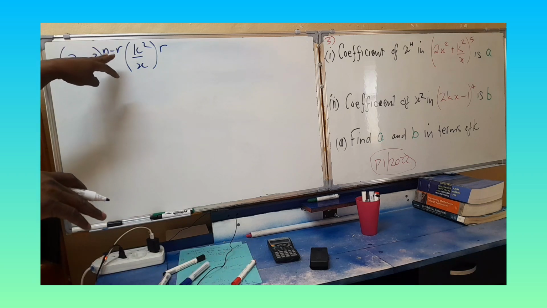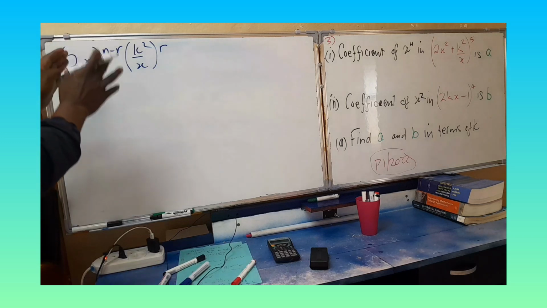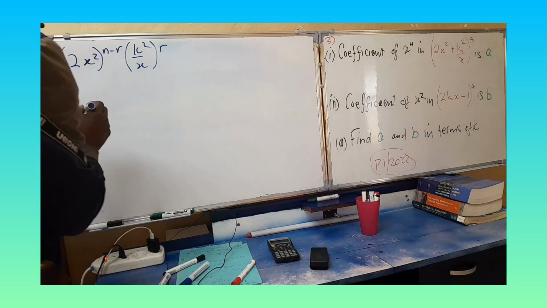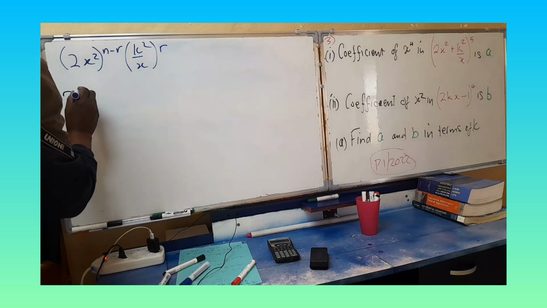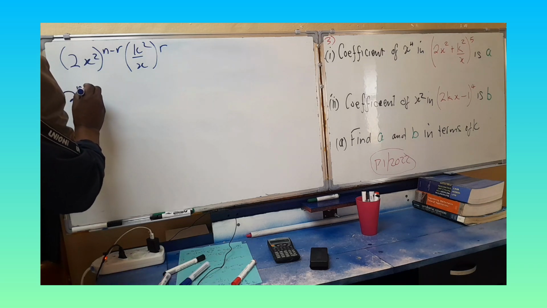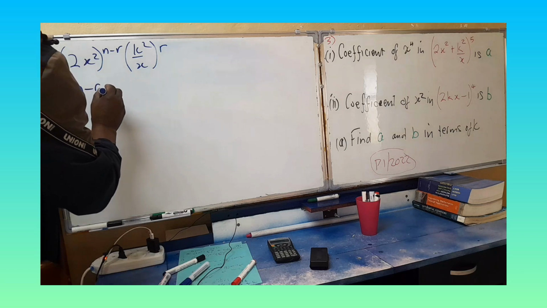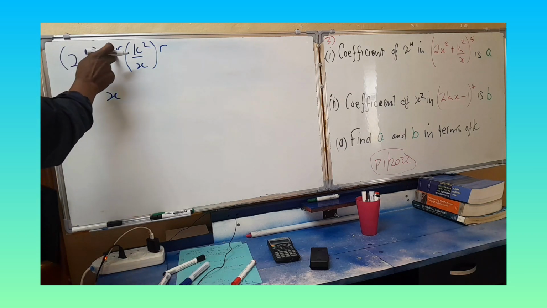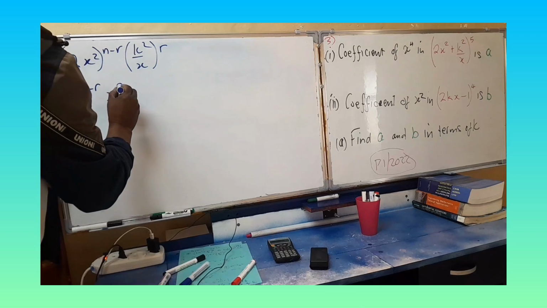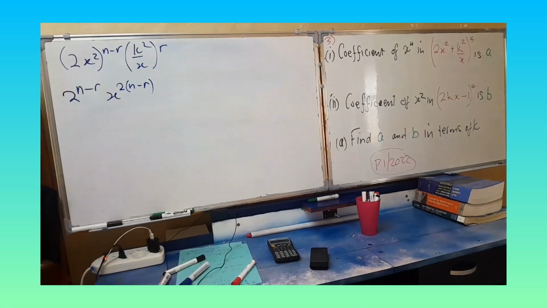And when we are done subtracting, it should be equal to 4. Let's simplify the top and write it as 2 to the power n minus r, multiplied by x, also to the power, now the powers will multiply, it will be 2 brackets n minus r, that's the power of x there.